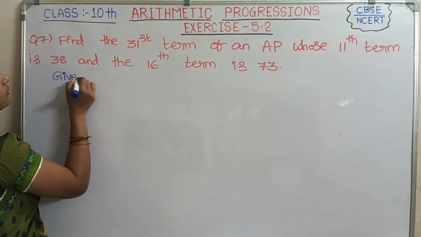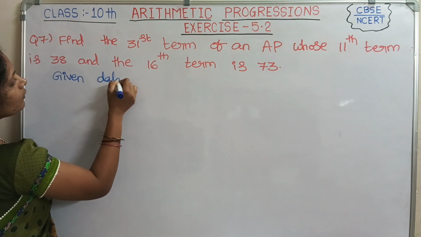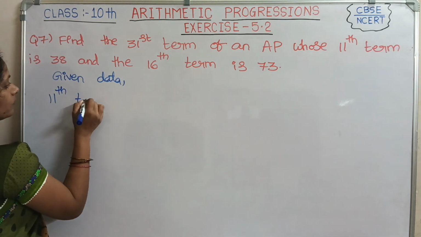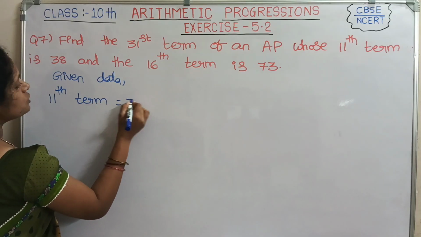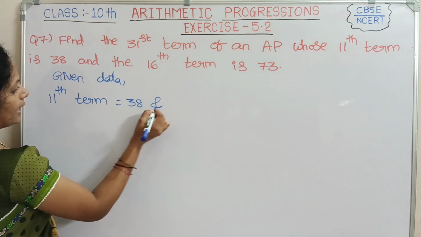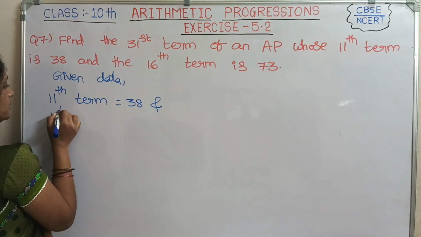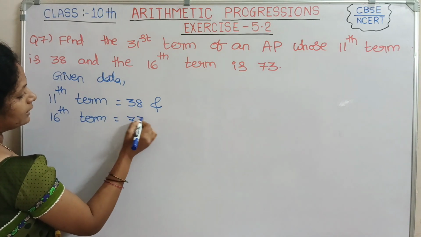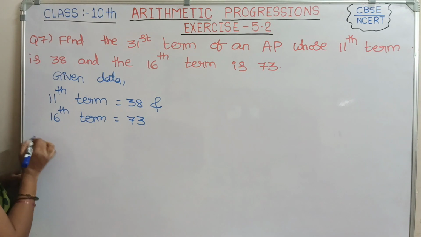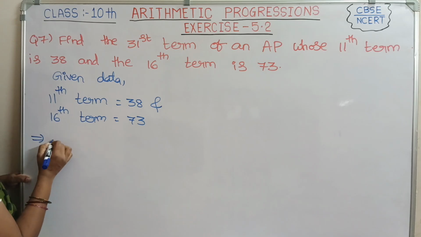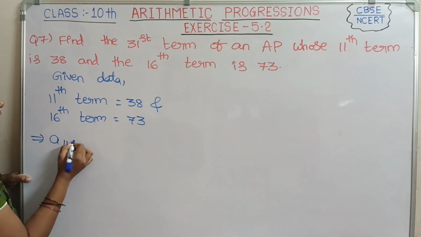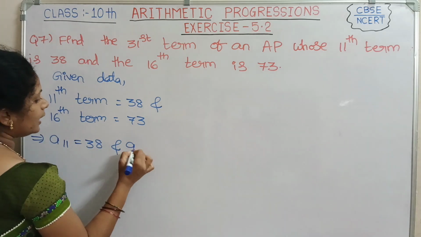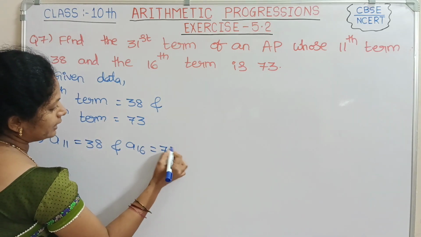Given data is 11th term equals 38 and 16th term is equal to 73. If it is the 11th term, then we can write A11 is equal to 38 and A16 is equal to 73.